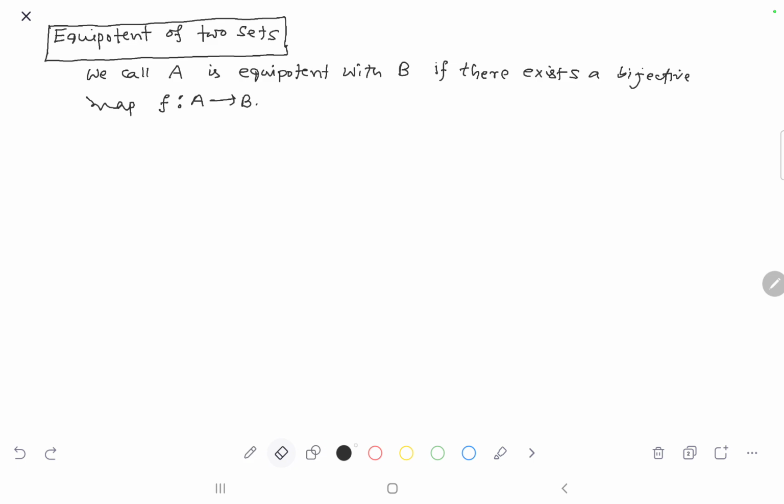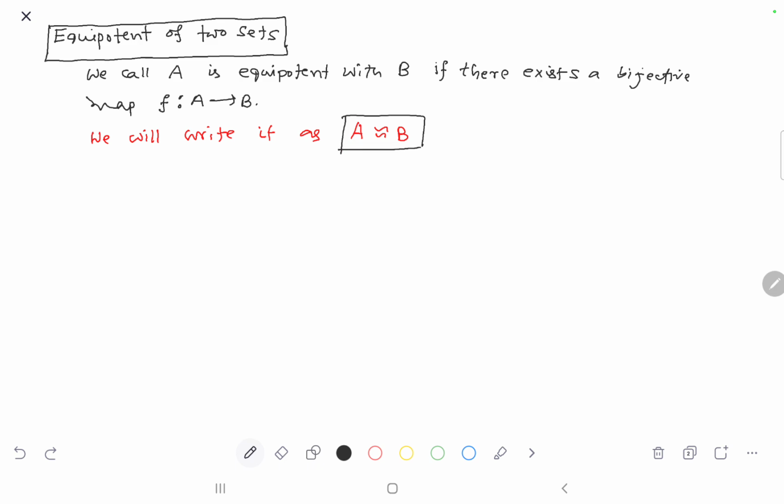We write it as A equipotent with B. So two sets are equipotent if we can find a bijective map from A to B.